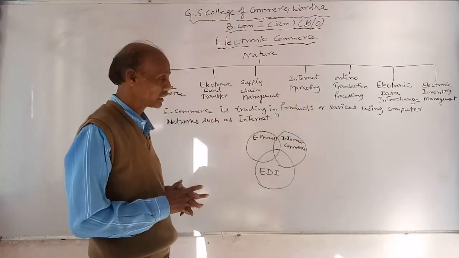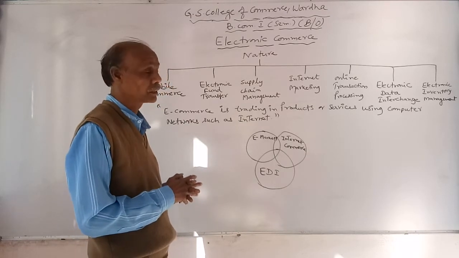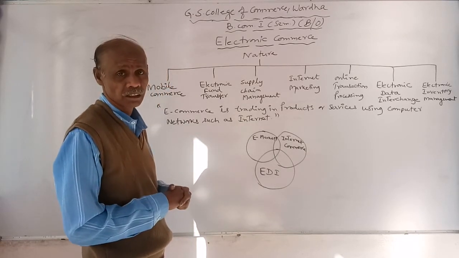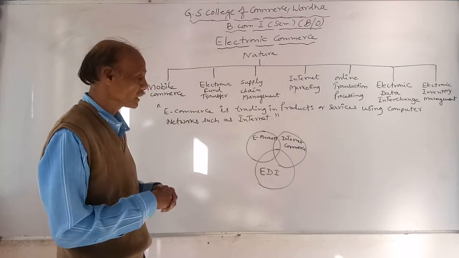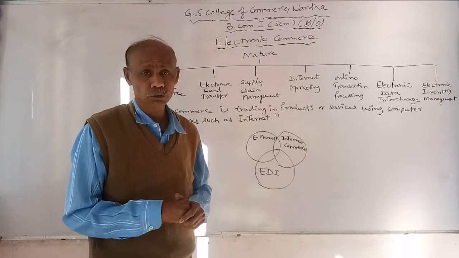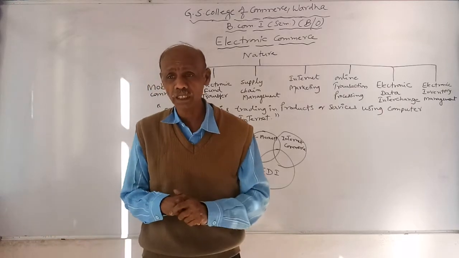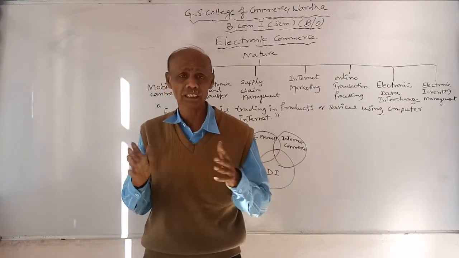Now coming to the question, how will the products be delivered to the end user for ultimate consumption? In the olden days, we used to go for the transaction through a retail market, a retail store.